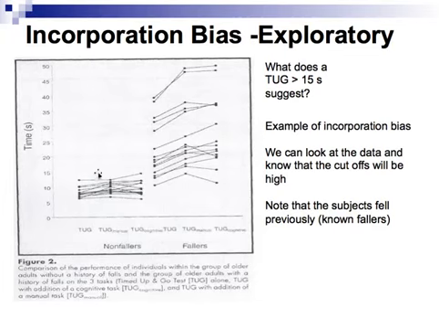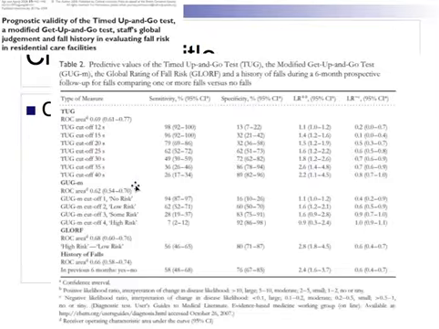So we could draw a cutoff somewhere around the 15-second mark, which would have very few errors in identifying the fallers from the non-fallers. That looks pretty good for the examination procedures and the timed up and go test and its usefulness for determining who will fall and who won't.